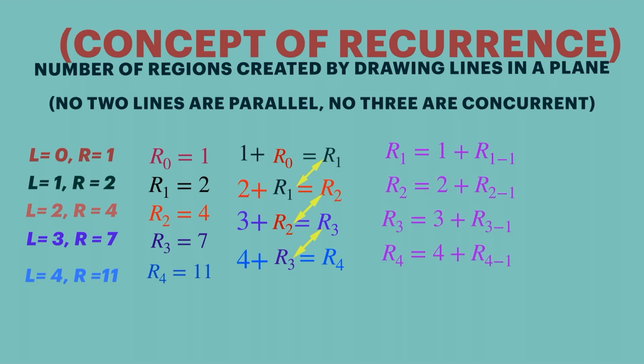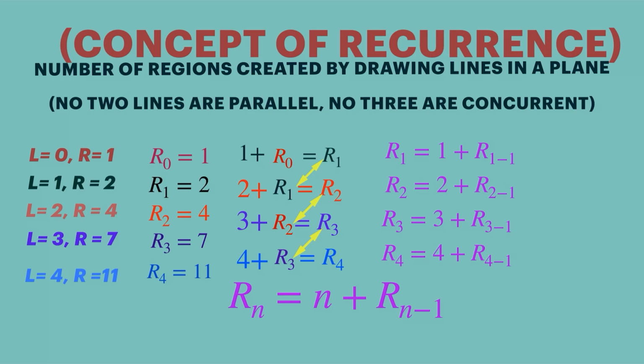Just compare this, and we write Rn equal to n plus Rn minus 1, because if we put n equal to 1, we get R1 equal to 1 plus R1 minus 1, and if we put n equal to 2, then we get the second equation, R2 equal to 2 plus R2 minus 1, and if we put n equal to 3, then we get R3 equal to 3 plus R3 minus 1.